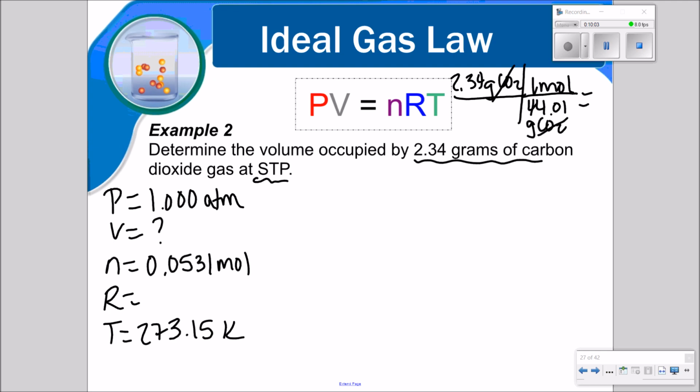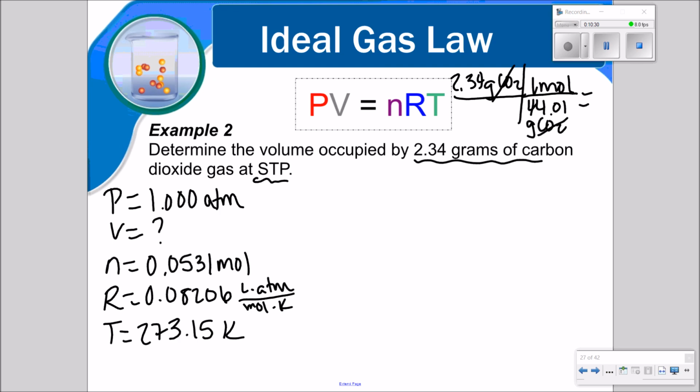My R value, because I've used atmospheres as my pressure here, 1.000 atmospheres, my R value has to correspond to atmospheres. So in this case, it's going to be 0.08206. And the units are going to be liters times atmospheres over moles times Kelvin, just like that.